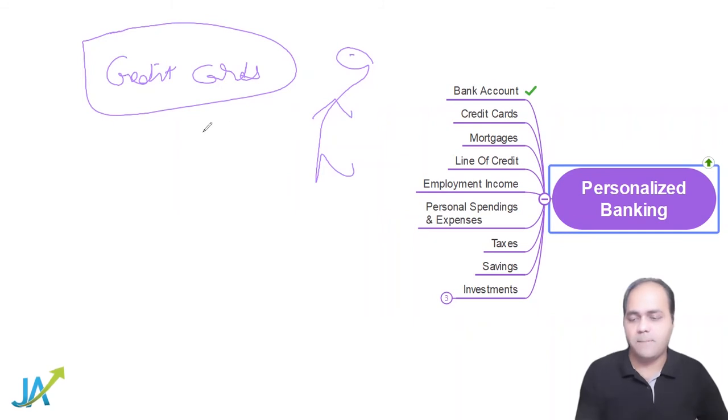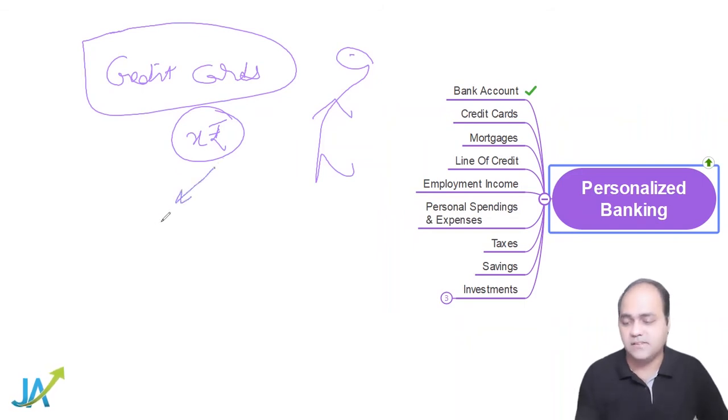Maybe X rupees of credit is provided to that user to purchase goods and services. With this plastic money, a user can purchase goods and services.